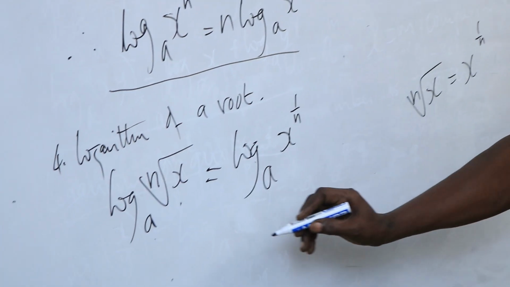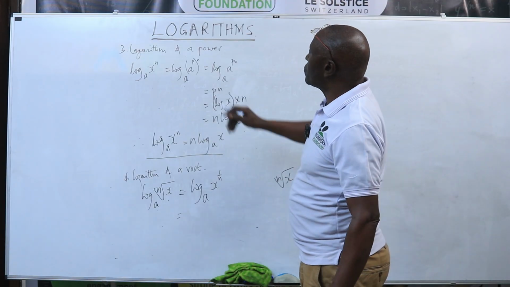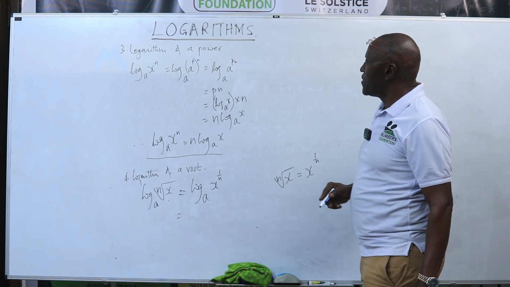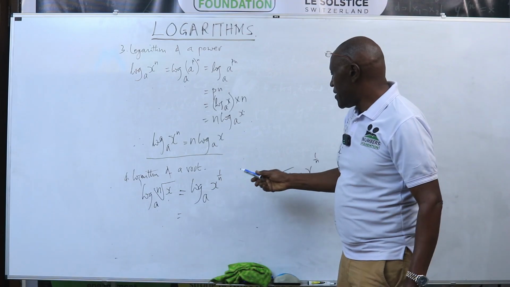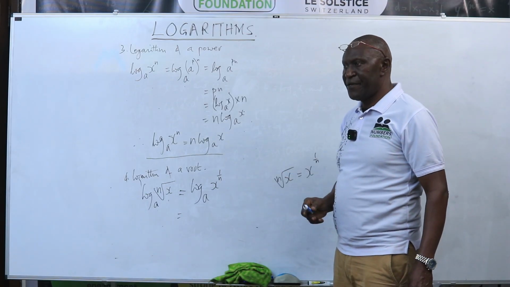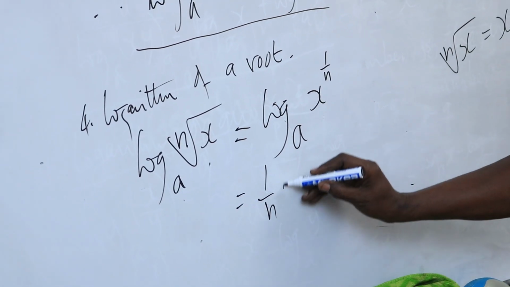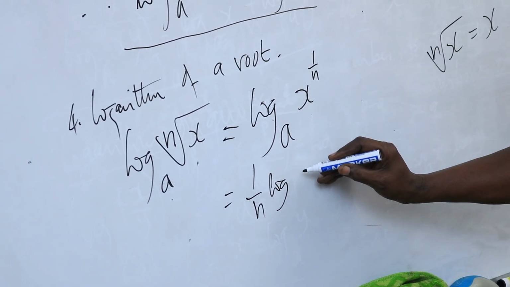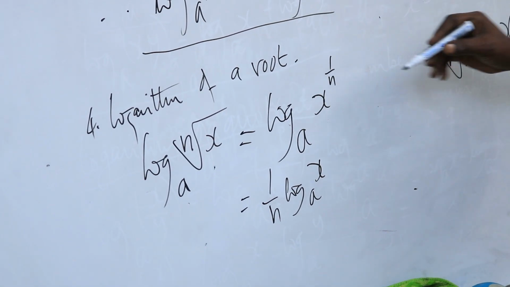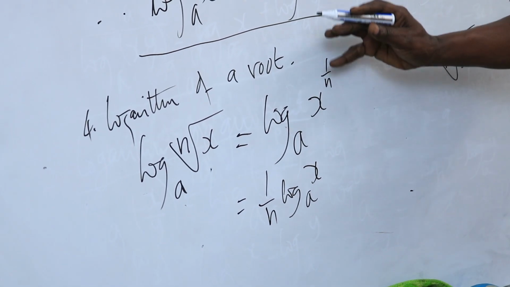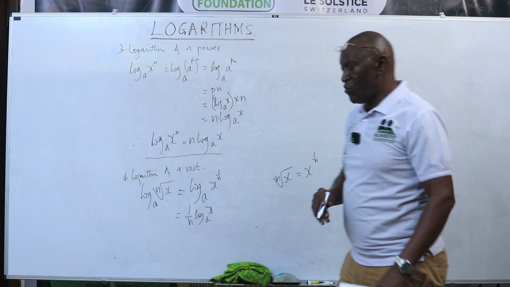And this one, if you go to the logarithm of a power, here the exponent was n. Here the exponent is 1 over n. So this is just equivalent to 1 over n log x base a, remembering that this is just an exponent in fraction and this one is just an exponent as a whole number.